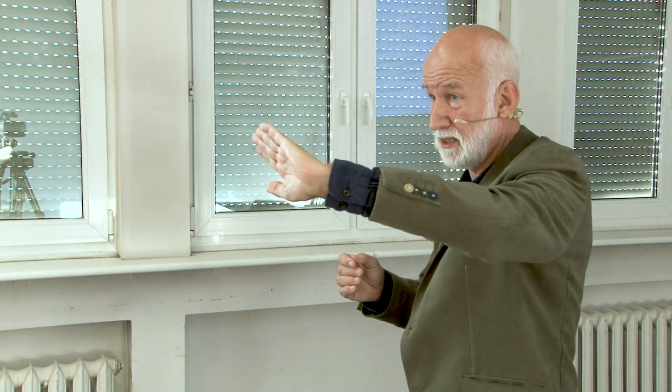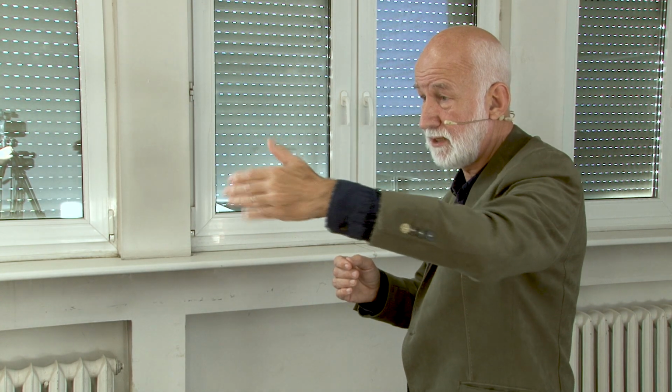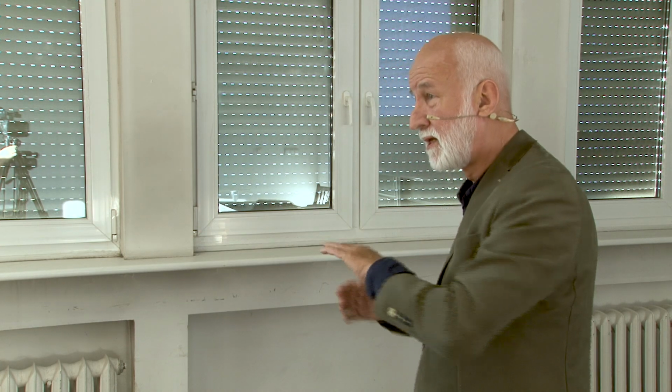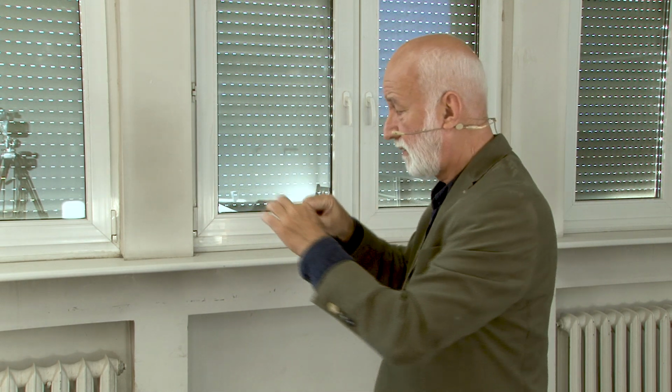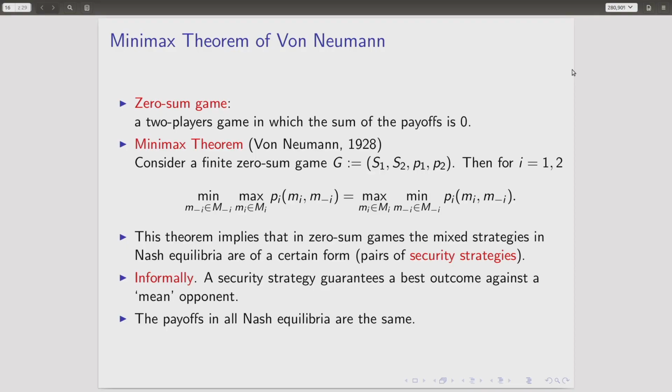And therefore, you have a three-dimensional structure, and this point in the middle has the property that if you move along this coordinate, you only go up, but if you move along this coordinate, you only go down. And this result says that it doesn't matter in what order you do it, whether you first choose the minimum and then the maximum or the other way around.